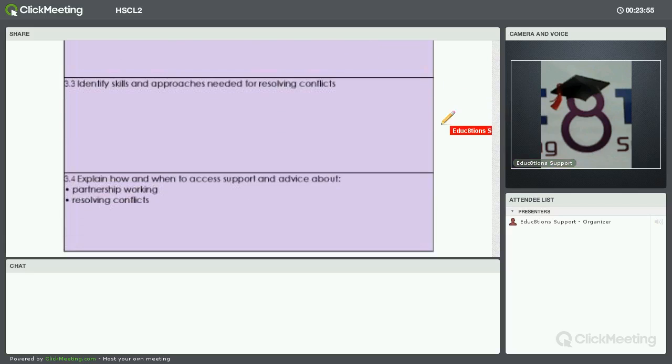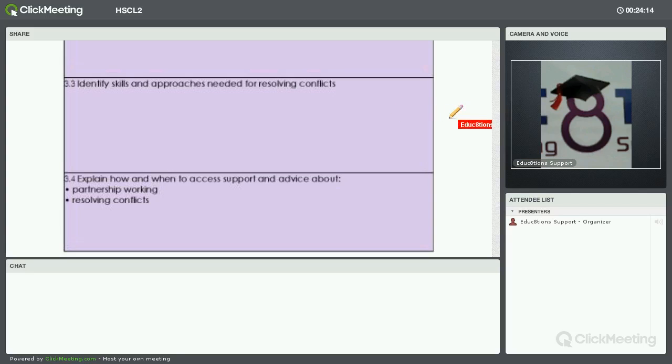And 3.3, identify skills and approaches needed for resolving conflict. Okay, so a two-part question here. So you need to tell me the types of skills and approaches that are needed to resolve conflict.